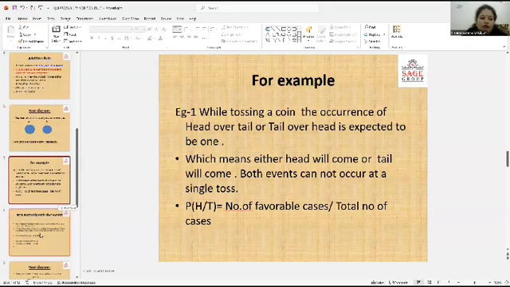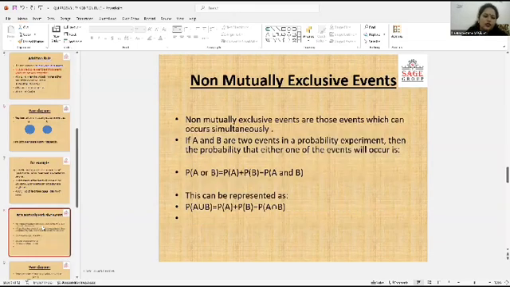Now we will move forward towards non-mutually exclusive events. What do you understand by non-mutually exclusive events? Non-mutually exclusive events are those events which can occur simultaneously. दो इवेंट एक साथ ऑक्कर्ड होने की संभावना, जिसको हम नॉन म्यूचुअली एक्सक्लूसिव कहते हैं, that means two events can intersect each other. Okay.